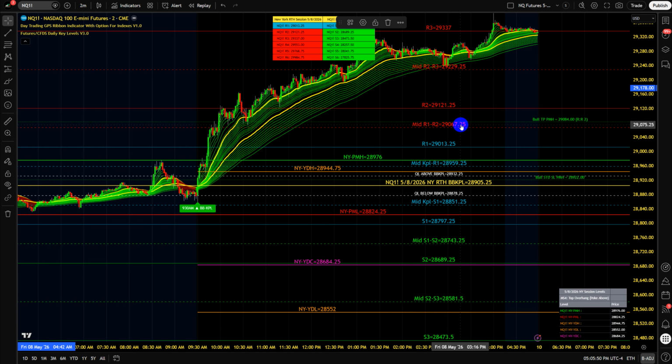Then the idea after that is that as price continues to move in your favor, at each succeeding level in your favor, which means either a midpoint level or a main key level. It does not mean a QL level. It's either a midpoint level or a main key level in your favor.